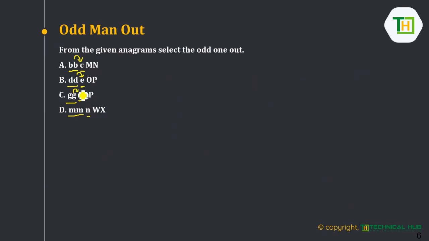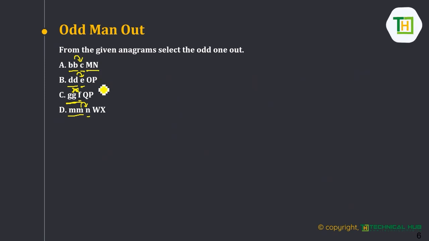No. Okay, so F is not the next letter of G, but N is the next letter of M. Understand? So from that I can say that the option C is somewhat different from the remaining 3, and also I will check the 4th and 5th letter, MN.